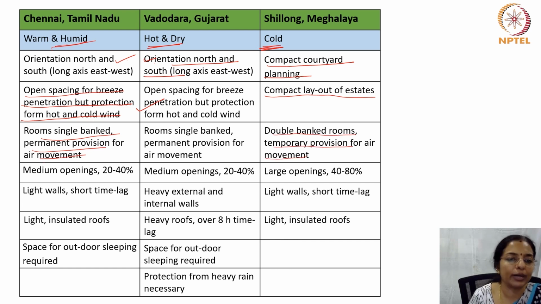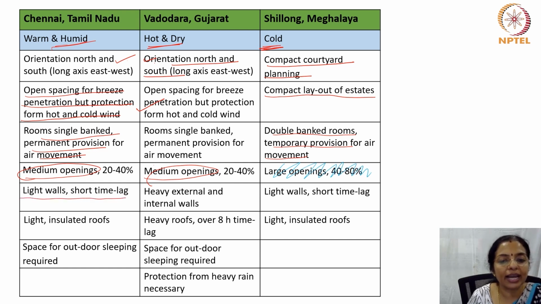The openings must be medium size for warm, humid and hot, dry. Whereas for cold climate, it says large openings 40 to 80%. Now, the walls for warm, humid should be light wall with short time lag.